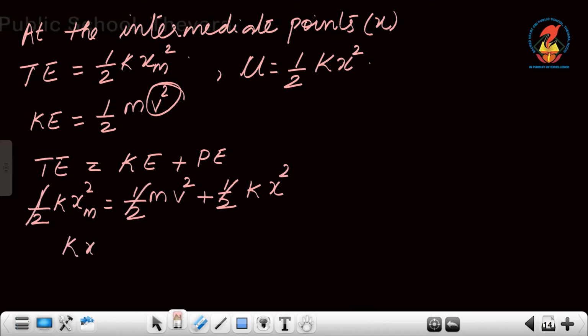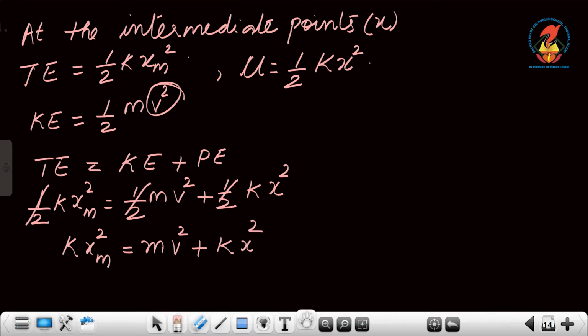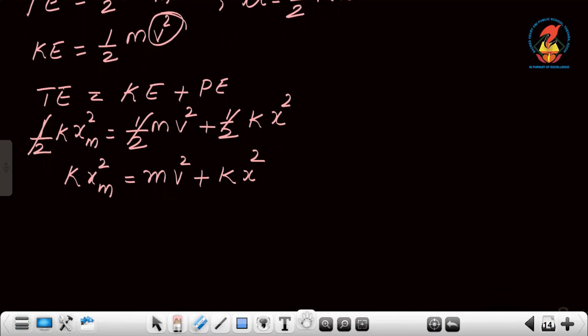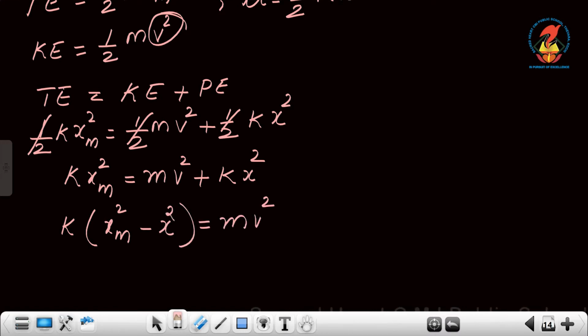We will get k xm square is equal to m v square plus k x square. Next, I am going to bring the k terms together. So I will get k into xm square minus x square is equal to m v square, or v square is equal to k by m into xm square minus x square.